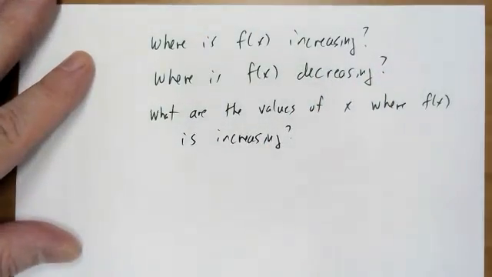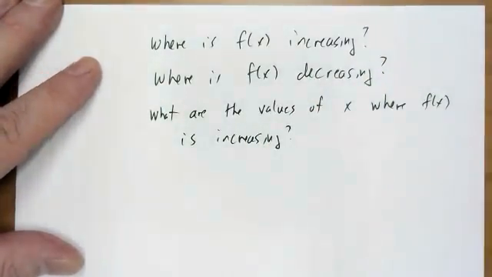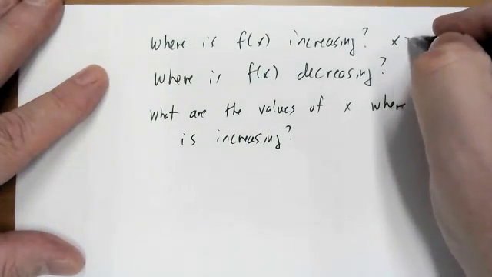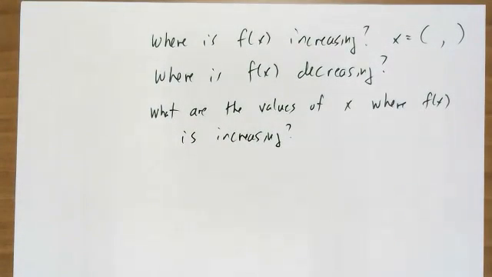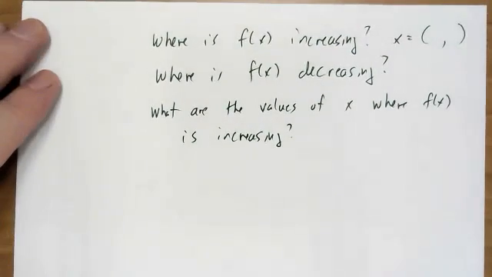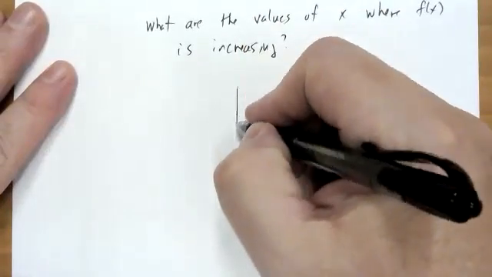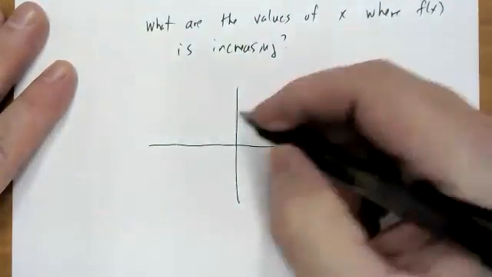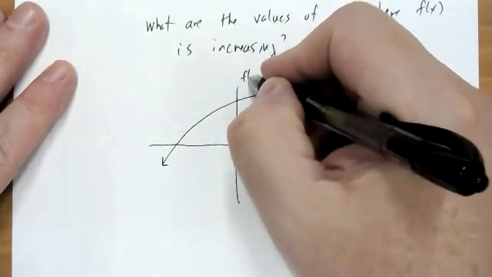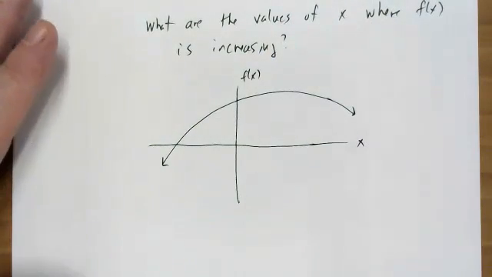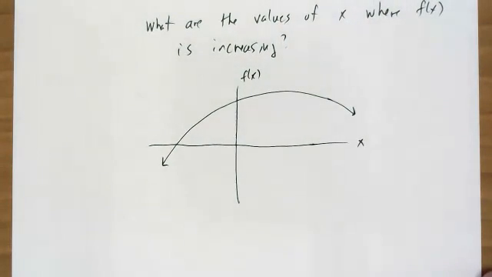So if I made it even more explicit, the answer is going to be x equals, and it's going to be an interval because it's going to be a whole range of values of x. So let's just do a couple quick examples of a graph of a function.